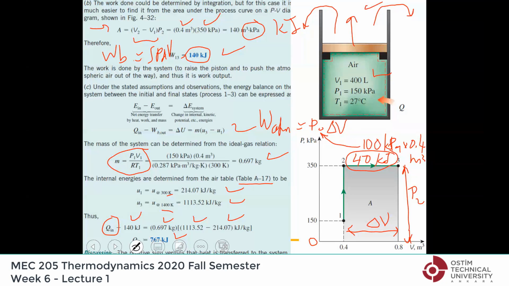Right now, the piston has 100 kilojoules more energy. So if the piston were to drop back to the stops, its potential energy would go down by 100 kilojoules. Now you can argue that as air expands, part of the air is now at a higher location, so it has more potential energy, but it is very small compared to the piston. So we can just say the whole thing goes to the piston.